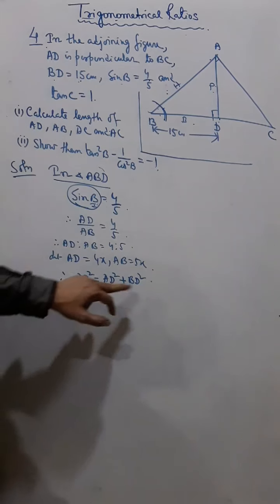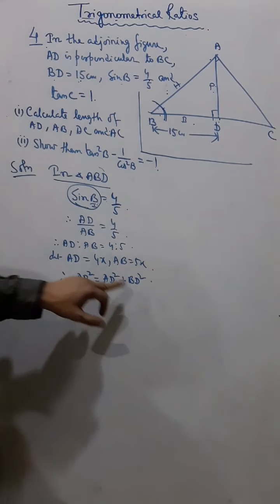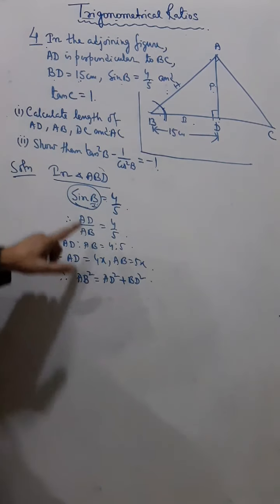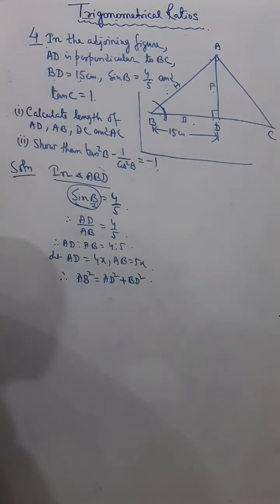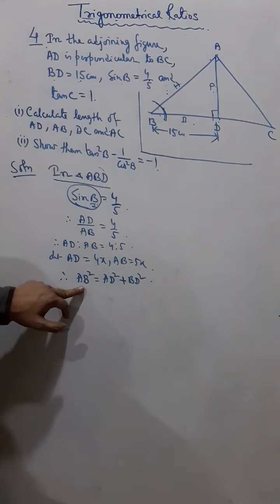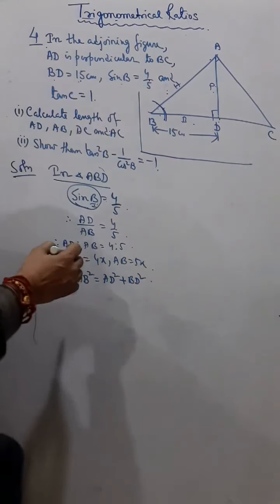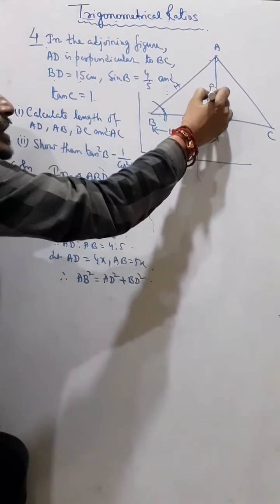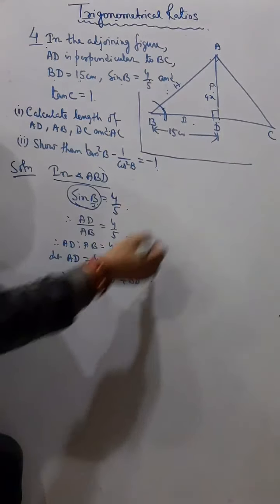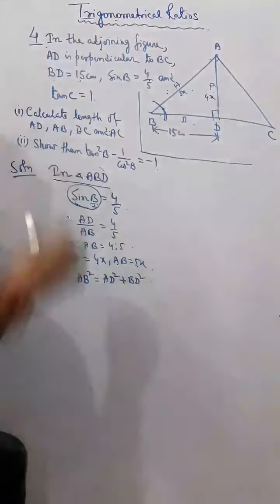Now if you put the value here, we can get the value of x, and after getting x we can get the value of AD and AB. Here I take AD as 4x and AB as 5x.